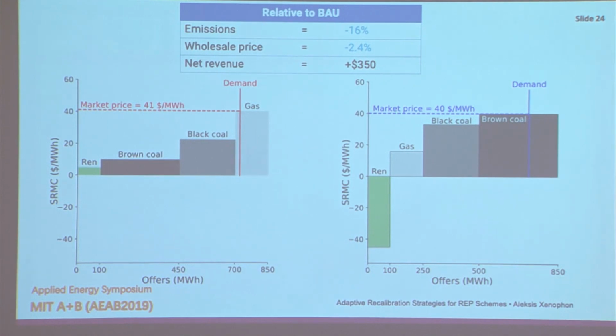Prices are still slightly less or around the same as the business as usual case, but now we've actually collected more penalties than we've given away in credits. So this scheme is also making money. So it's a very simple stylized example, but it's telling us that if we're careful in the way that we select these parameters, we can achieve different types of objectives with respect to both prices and also scheme revenue targets.